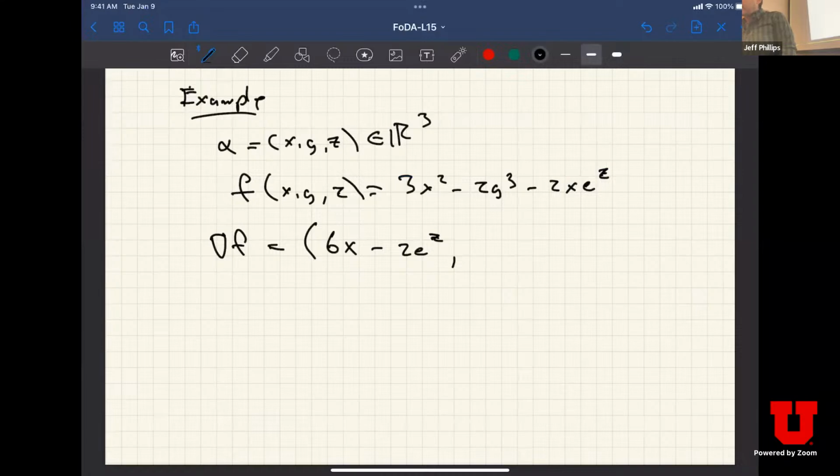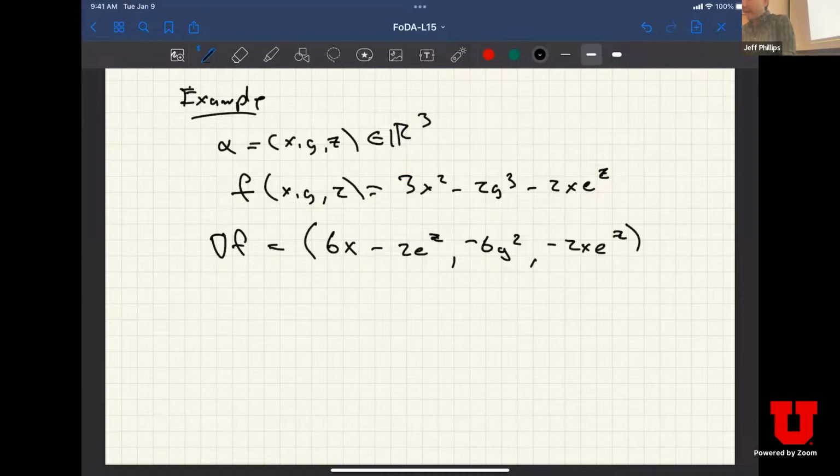Again, I'm going to get negative 6y squared. And the third term, x is now a constant in front. The partial derivative with respect to z, if you remember, e to the z, its derivative is itself. So I'm going to get negative 2e to the z as the third term.